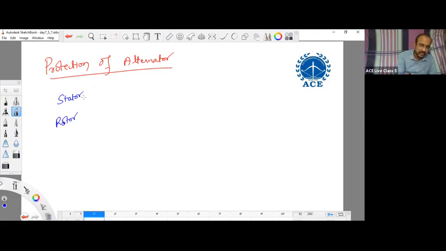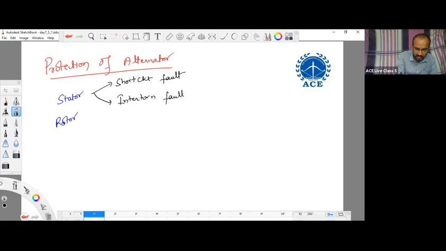The stator of the alternator consists of three-phase windings. The stator winding is to be protected from short circuit fault and interturn fault also.